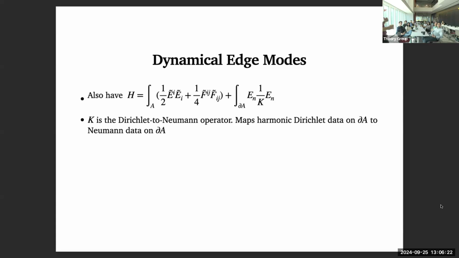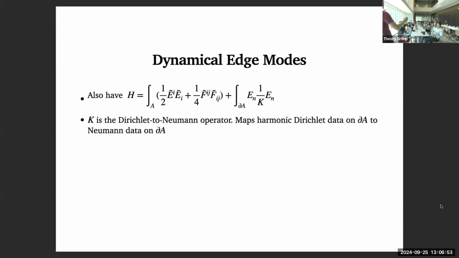I called this operator K. It's basically the effect of taking a normal derivative on a harmonic function. So it can actually be defined intrinsically in terms of boundary data. You can think of it as the Dirichlet to Neumann operator. When you have a harmonic function on some region, you can specify a solution with Dirichlet data or Neumann data.